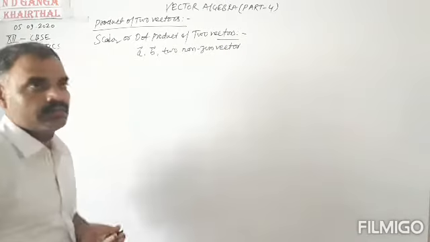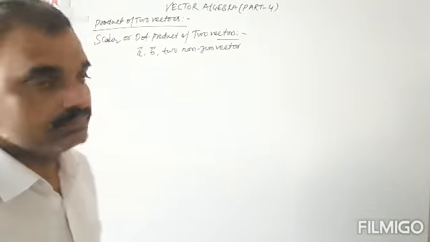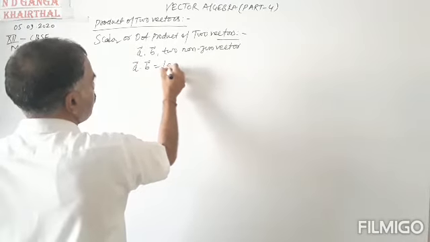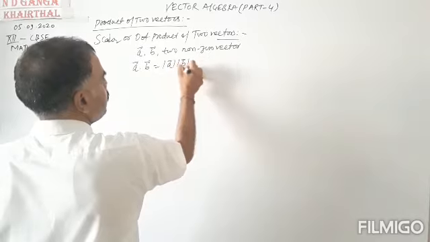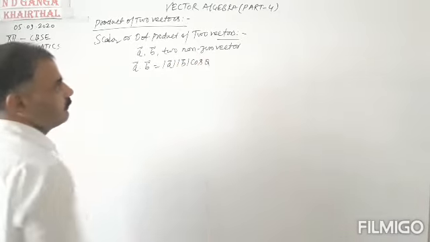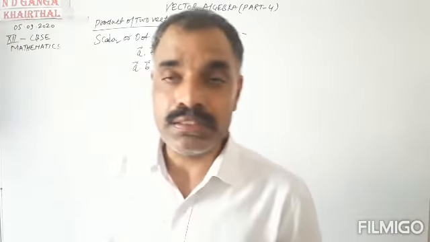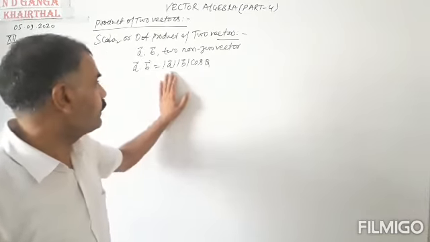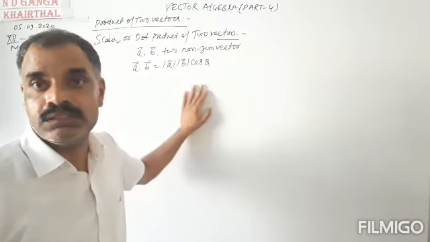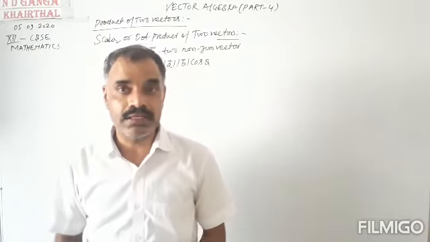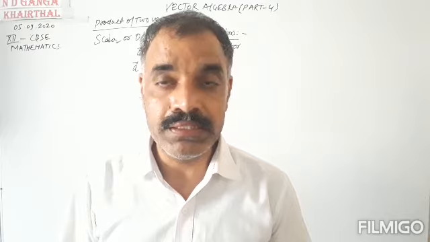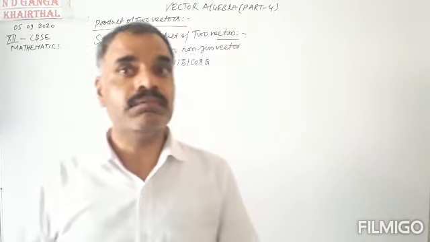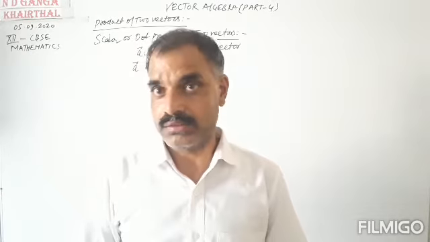Then their dot product is defined as a vector dot b vector equals magnitude of a vector, magnitude of b vector, cos theta. Here the magnitude of a vector is a real number, the magnitude of b vector is again a real number, and cos theta is also a real number. That is why the dot product of two vectors is a real number, that is, a scalar. That is why it is called the scalar product.